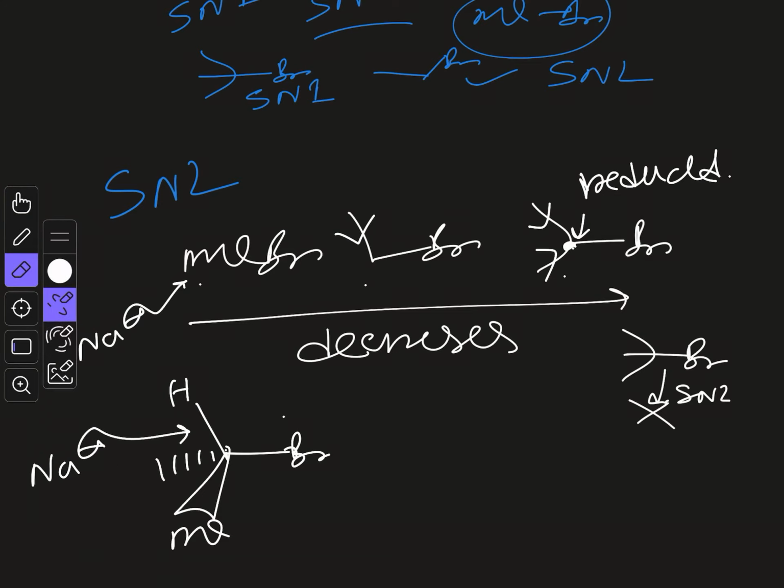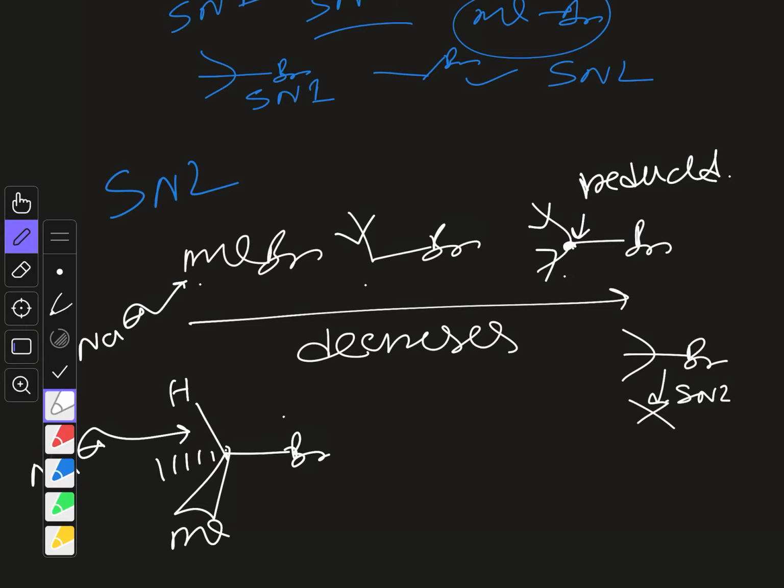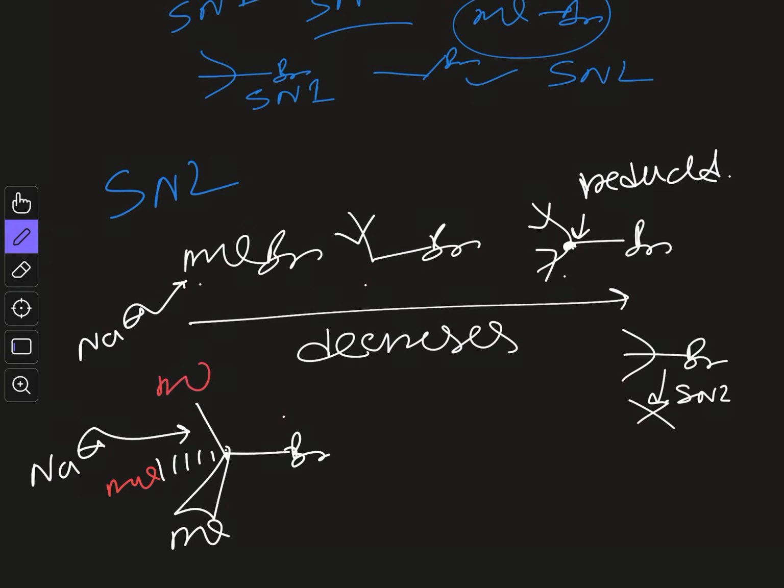As you put in another methyl group, you introduce even more steric crowding, and when all three are replaced by alkyl groups, you introduce a tremendous amount of steric hindrance, and the nucleophile cannot approach the back side, that is, the LUMO of the C-Br bond, and that's why the reaction cannot take place. So this is why, as you go from here to here, the rate decreases.